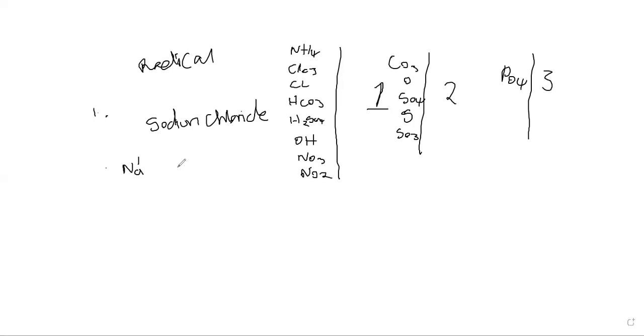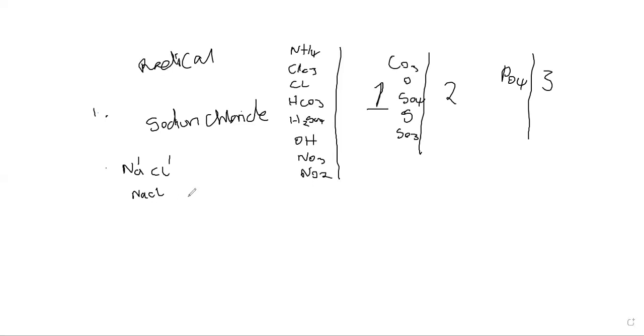It has a valence of 1 as well. Cl with 1. Then you exchange these two. When we exchange, it's one and the same. So this is the chemical formula for sodium chloride.